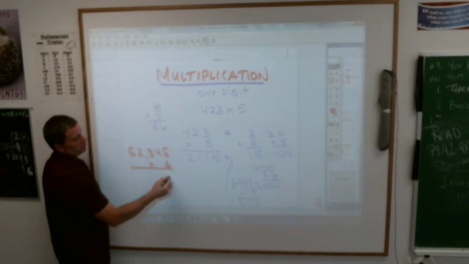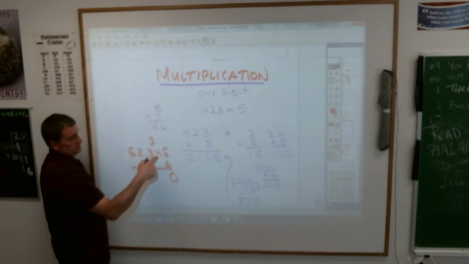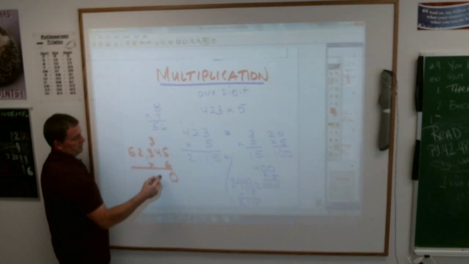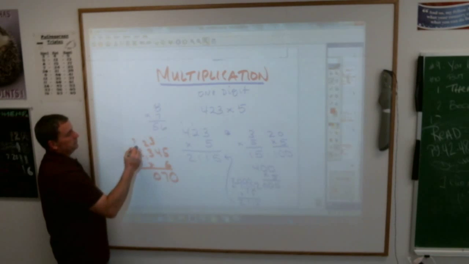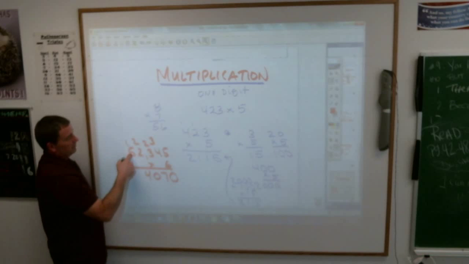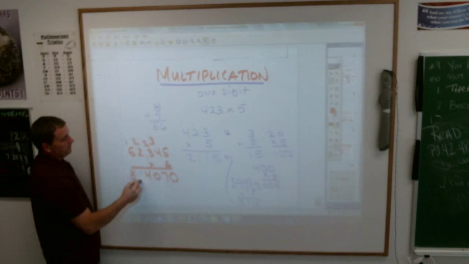6 times 5 is 30, carry the 3. 6 times 4 is 24, plus 3 is 27, carry the 2. 6 times 3 is 18, plus 2 is 20, carry the 2. 6 times 2 is 12, plus 2 is 14. 6 times 5 is 30, plus 1 is 31.